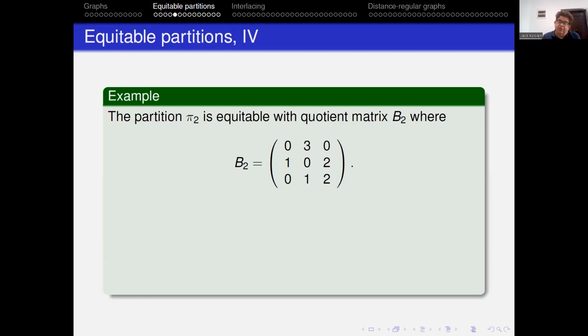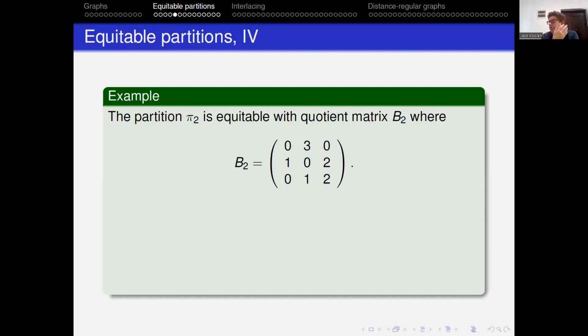Now, you can see that the induced subgraph on the 6 is a hexagon. So that's a 2-regular graph, and the Petersen graph is 3-regular. In principle, we have already shown somehow that the Petersen graph is vertex transitive.